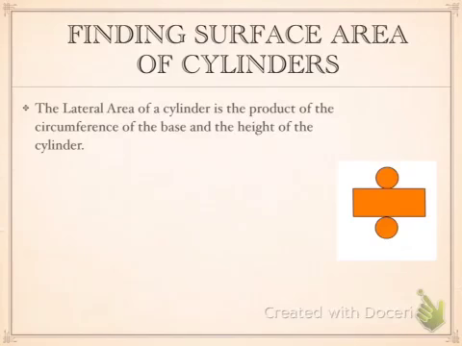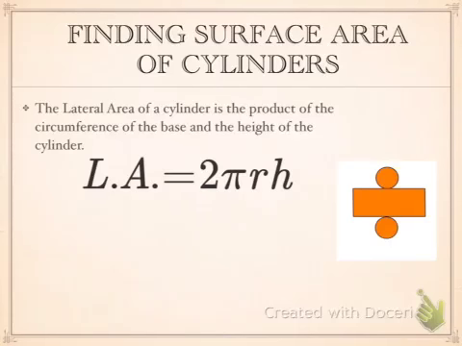So let's see if we can put that into play. What we're going to do is write our formulas first, and then we will do our examples. So the lateral area of a cylinder is the product, meaning that we multiply, the circumference of the base and the height of the cylinder. The way that we write this formula, lateral area equals, we've got our 2 pi r.